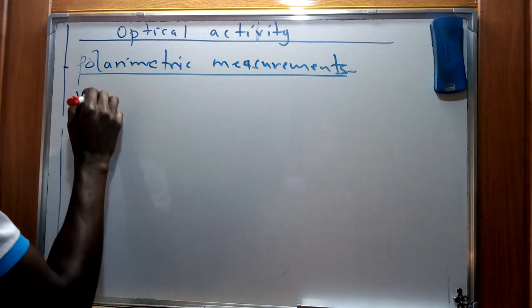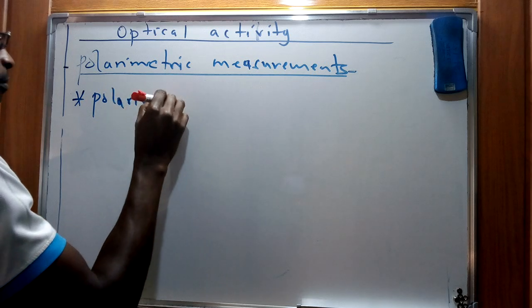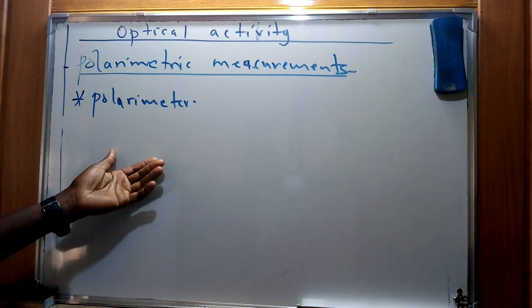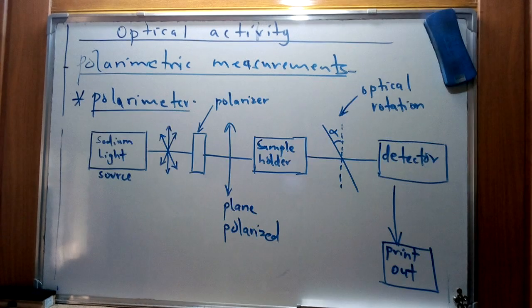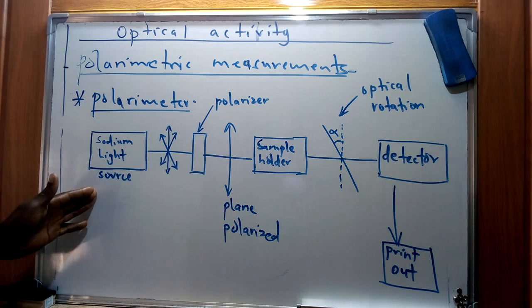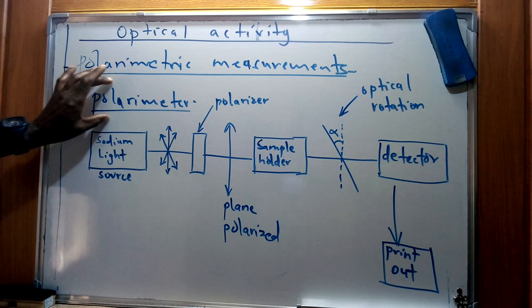We're using an instrument known as a polarimeter, and this polarimeter consists of different parts which we're going to give using an illustration shortly, which we're going to give on the board. Therefore, from the block diagram I've given on the board, we're going to see the different sections which are contained in this polarimeter.